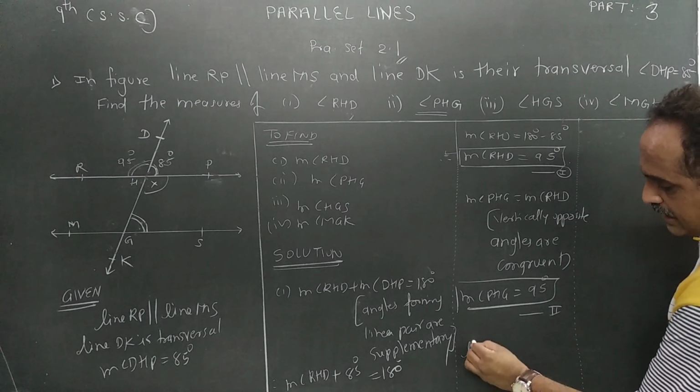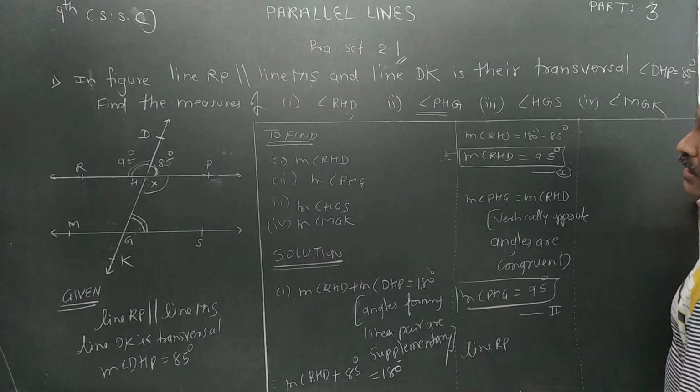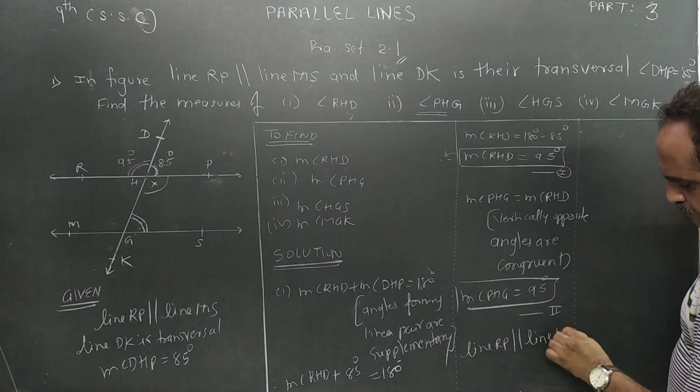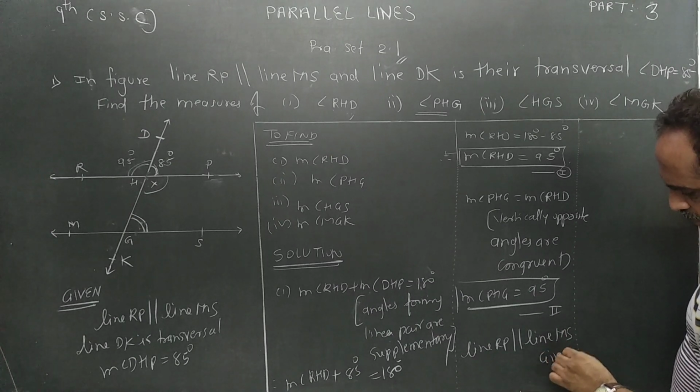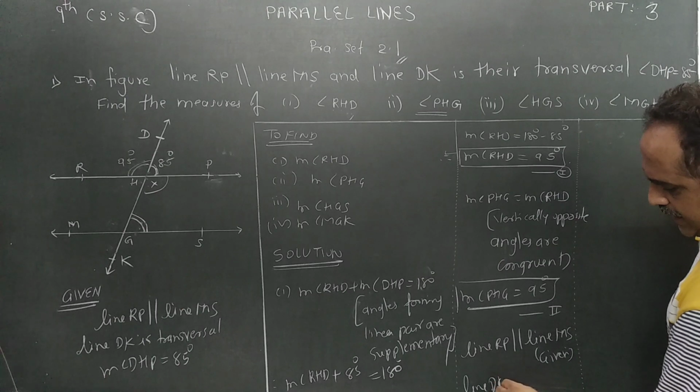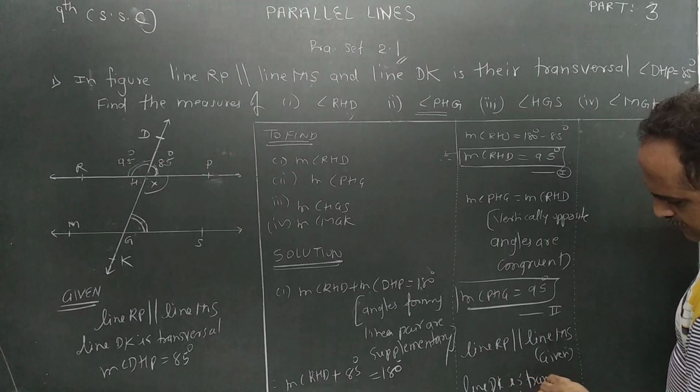You are going to write that line RP is parallel to line MS. It is given, and line DK is transversal.